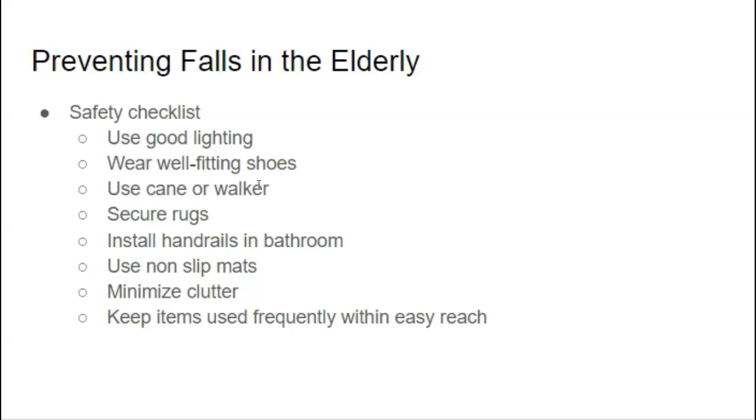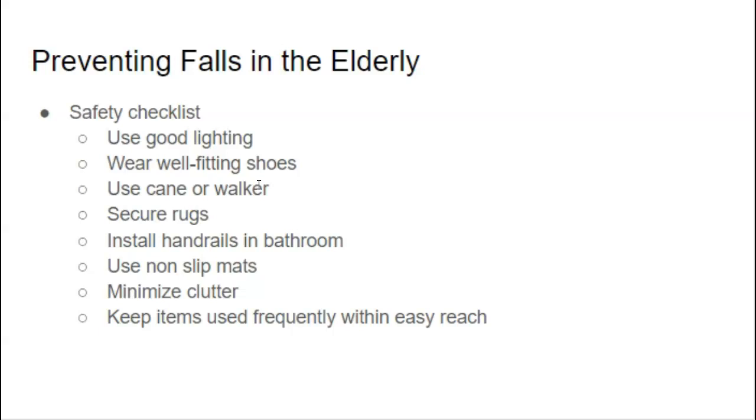Handrails in the bathroom are big, because a lot of people will fall trying to get up and down from the toilet or getting in and out of the bathtub. And so that's a really big, huge safety feature, making sure that there are handrails in the bathroom, and keeping everything that they use on a regular basis close by.